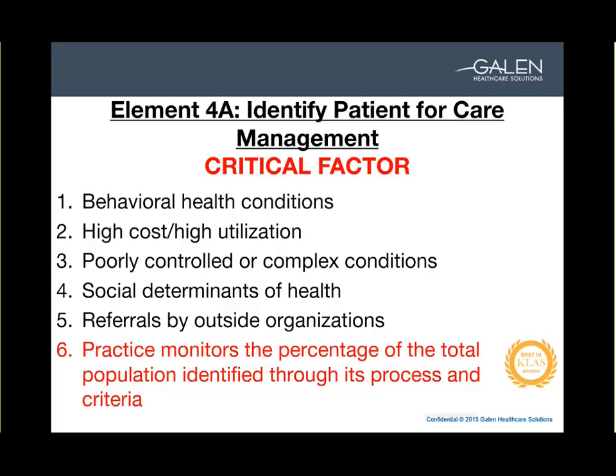That's the group I'm going to put in number 6, and that's the group I'm going to target for extra care management. So hopefully you were able to follow that. You're going to go through and identify 1, 2, 3, 4, and 5, and cumulative within that group, you're going to decide who falls into number 6. And at the end of that, you're going to say, this is the group who's going to need extra care management.